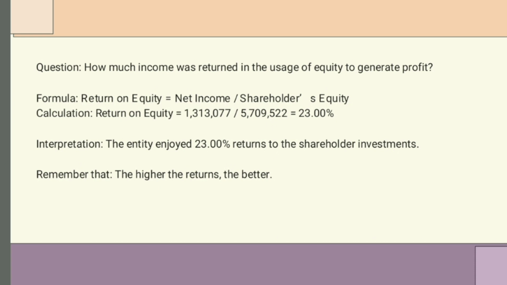You just divide your net income, which is 1,313,077 over 5,709,522, which gives you a return on equity of 23%. The entity enjoyed 23% returns on our shareholders' investment or on our equity. Same approach with return on assets. The higher the returns, the better.